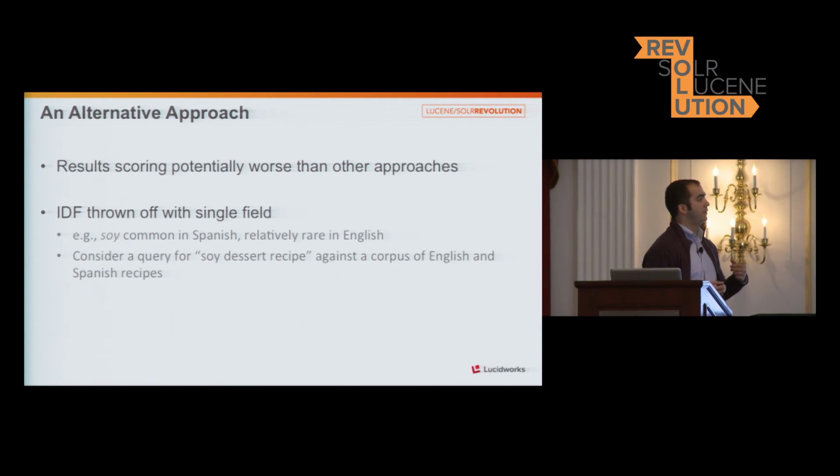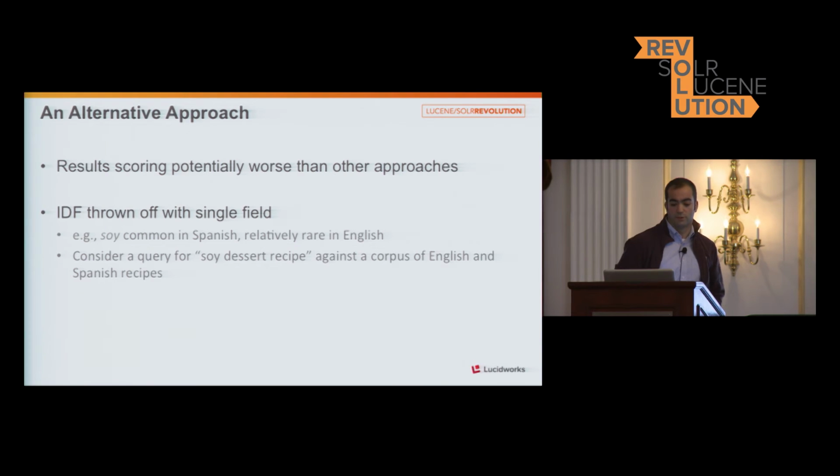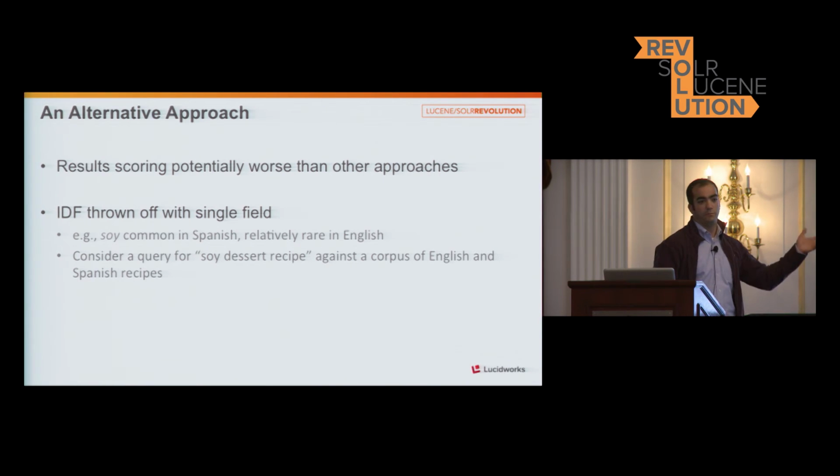Generally, infrequent terms in your corpus are more important, which makes sense as a general principle. That can be thrown off if you throw everything across languages into the same field. The example I have is the word soy, which is very common in Spanish, meaning I am, and relatively rare in English, the bean or the food.